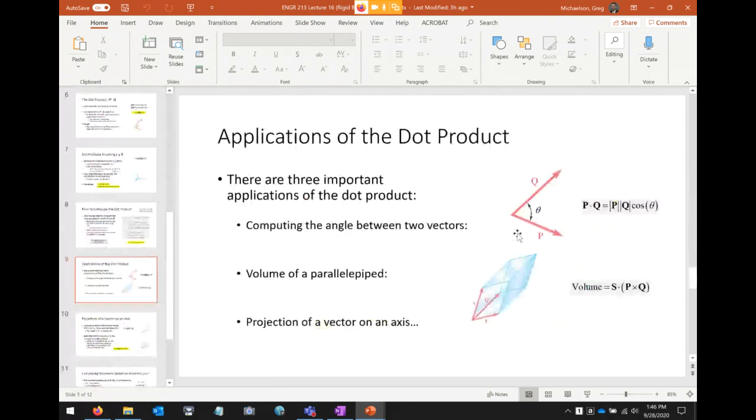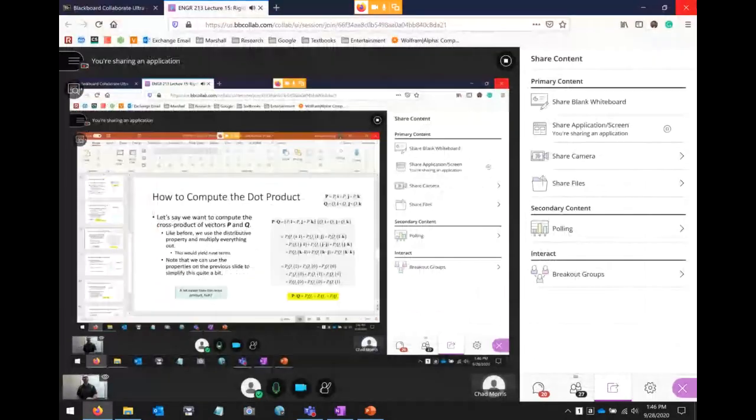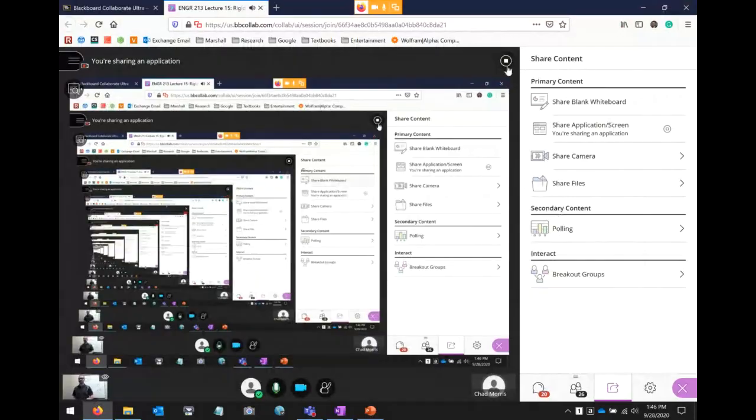I'll show you the spoiler alert. This is the answer right here, this thing down here on the bottom. If you have vector 1 and vector 2, you take the x coefficients and multiply them, the y coefficients and multiply them, the z coefficients and multiply them, and just add them together. That's the dot product. It's really, really easy. Then we can take that concept to determine moments about an arbitrary axis. But we'll discuss that on Wednesday.